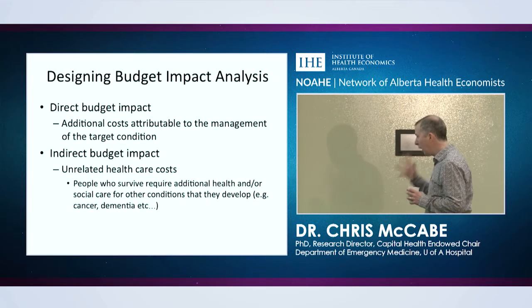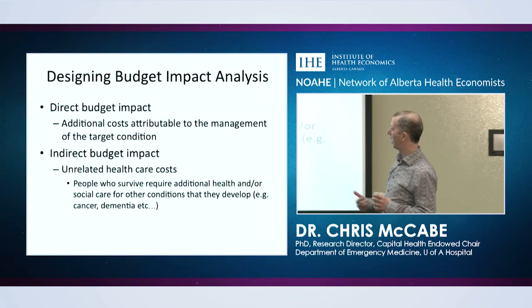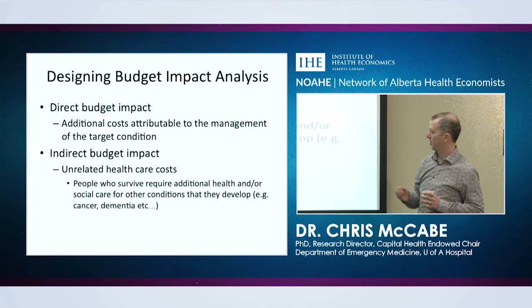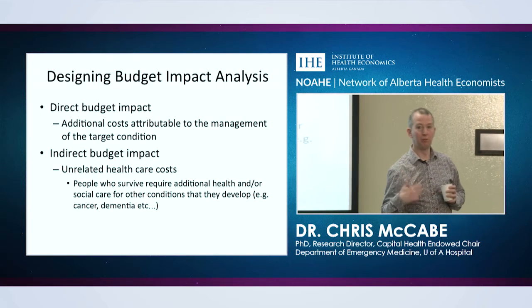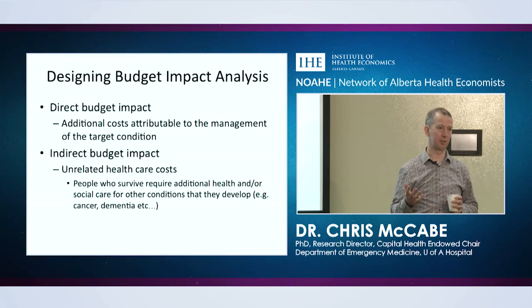But just knowing that you have to think about what the investment in the target population means for unrelated healthcare costs, and I would say as more and more of these things are aimed at the elderly, unrelated social care costs.